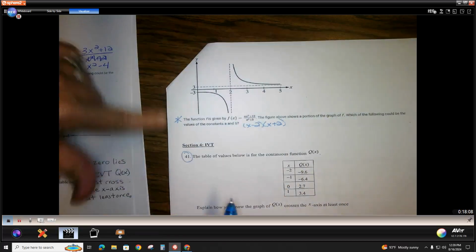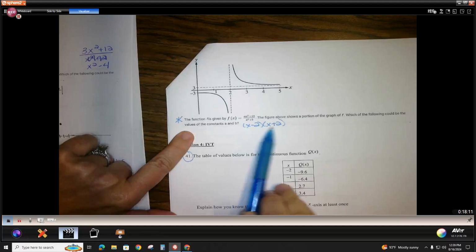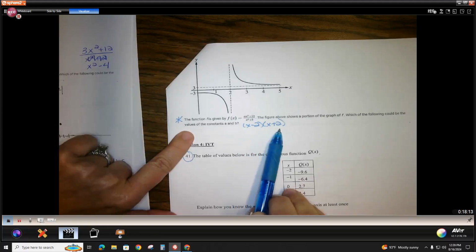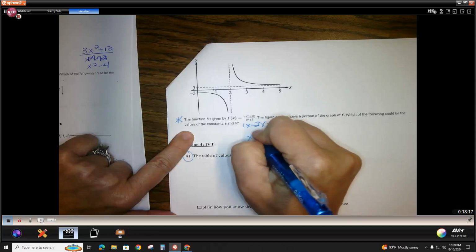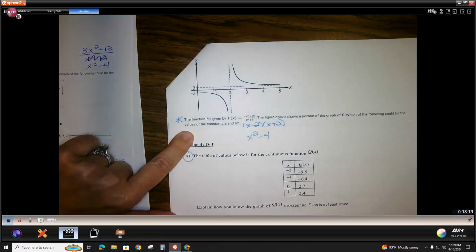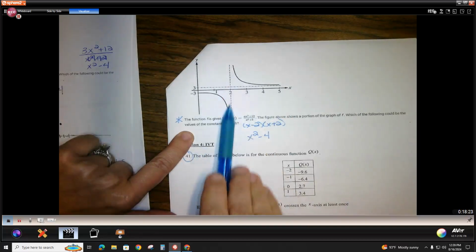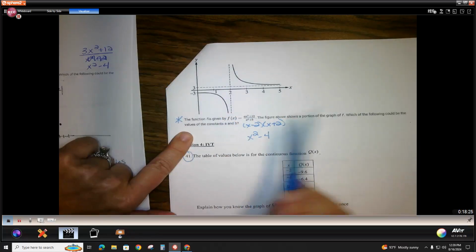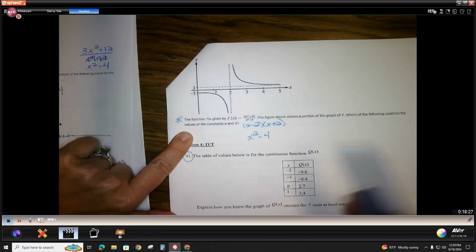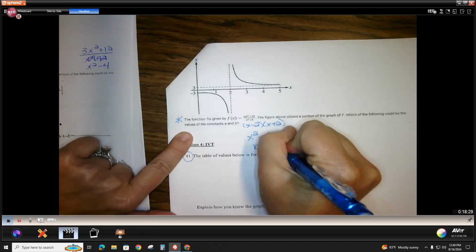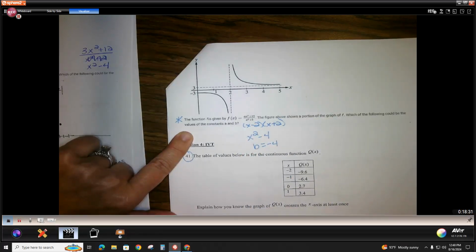I can't see what's over here, but to me this triggers a difference of squares kind of factoring problem. So I'm thinking this would be x squared minus 4 as my denominator, so that I would have a vertical asymptote at 2 and negative 2. So I'm thinking for b, my b is going to be negative 4. For the horizontal asymptote, is it top heavy, bottom heavy, or the same?